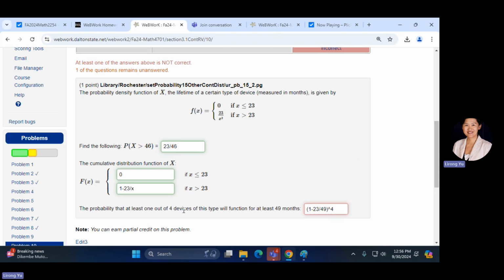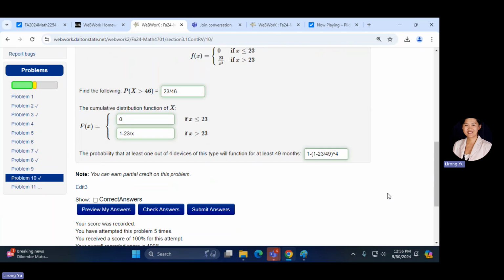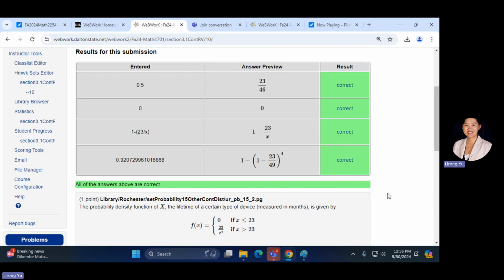But we're saying the opposite of this, that at least one of them lasts longer than this. So the opposite of all of them lasting less than enough time, you do 1 minus over there. So we have to think about the logic opposite. We did a logic opposite in that one minus, and we also did another logic opposite for the other minus. I hope that was okay. So that was question 10.